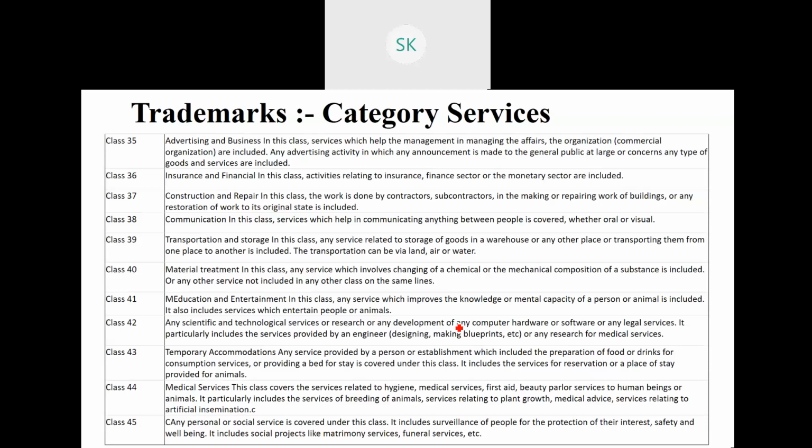This comes under class 40. Class 41 belongs to education and entertainment. The service which improves education or the mental capacity of a person or animal is included in class 41.